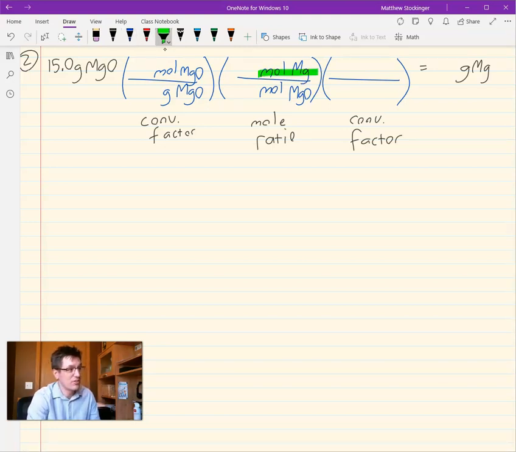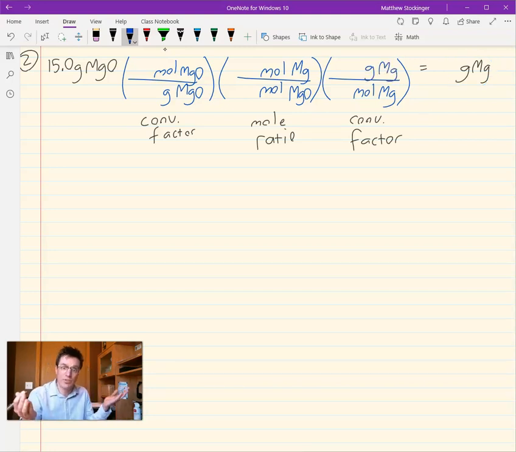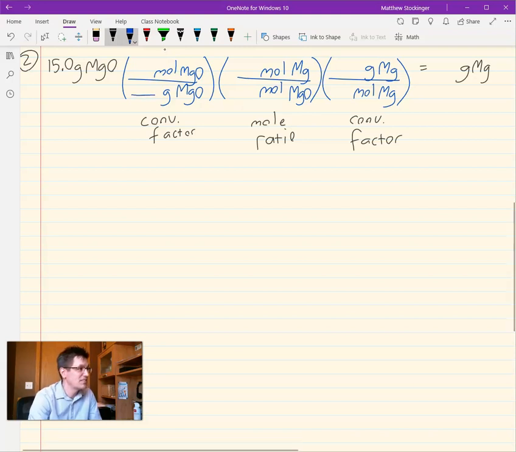Same old trick, whatever's on top, that's got to be on bottom. Moles Mg. And my final unit, I remember, is the same as the ending unit of the problem. So this is going to be grams Mg. Well, now I'm pretty darn close, aren't I? I've got all my units figured out. I just got to fill out my numbers.